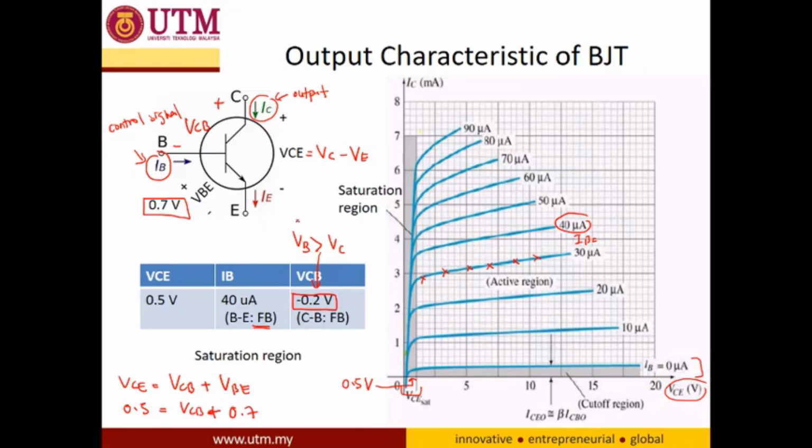This is an NPN transistor: the base is P type and the collector is N type, and the P type anode has higher voltage than the cathode, so this is forward bias. So the base-emitter is forward biased and the collector-base is also forward biased. This is the saturation region, as mentioned in the previous slide.